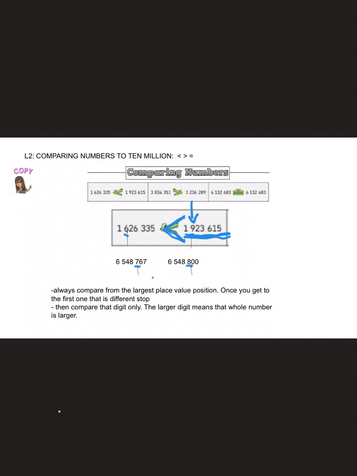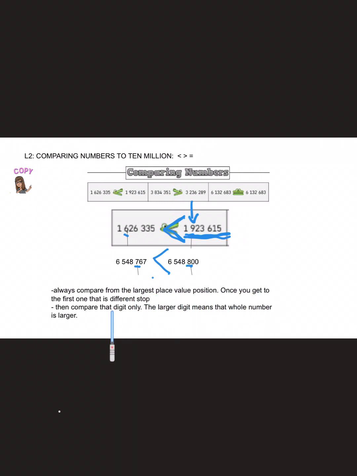Well, 8 is larger, so our mouth eats the larger number. 6,548,767 is less than 6,584,800.